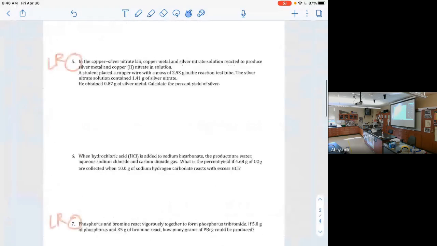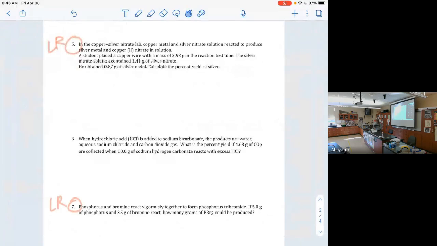Let me pick a good one. I think we're going to do 5 because it asks us to calculate the percent yield after we find the limiting reactant, which might sound scary, but it's really not that deep.